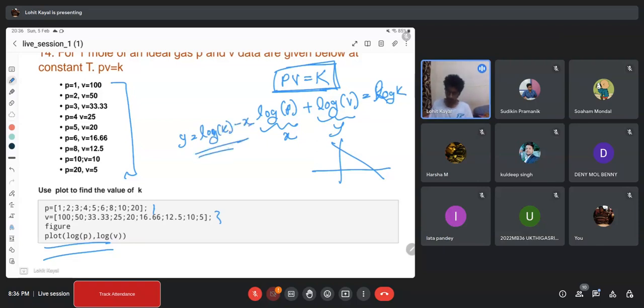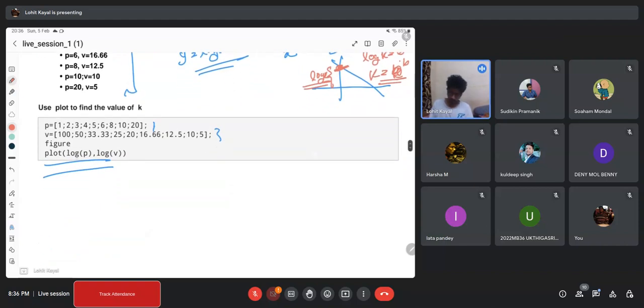The slope is -1, and the intercept value is my log of K. So from here I can find the value of log of K, suppose some value b, then K will be equal to e to the power b. Now plot log P, log V.